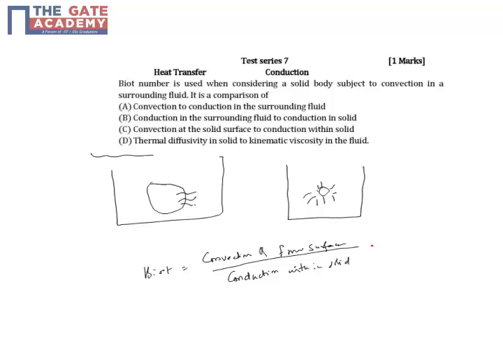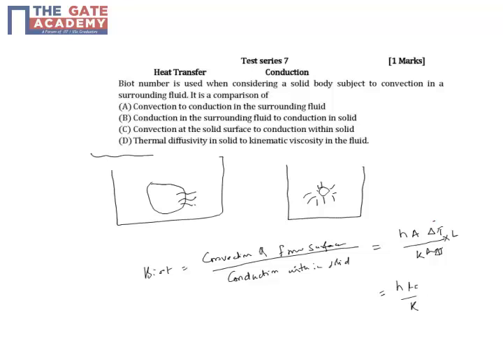So convection from the surface is hA delta T, and the conduction within the solid is again kA delta T by length L. So more or less it's h into characteristic length by k.